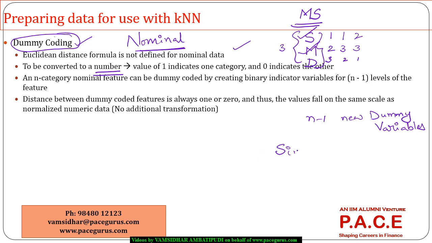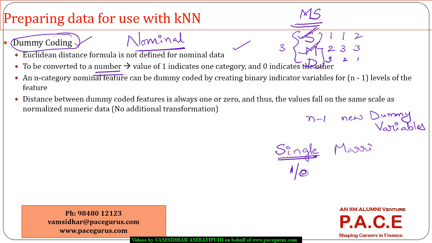So I'll get a new column called single, whose values will be 1 if this categorical variable has the value single, otherwise it will have a value of 0. So it becomes single or not single. Not single could be married or divorced, but it is not single. So single will have a value 1, not single will have a value 0.